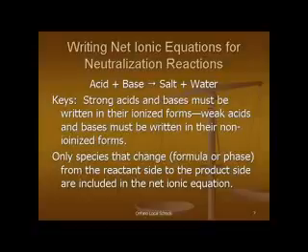So as their formula unit or molecular formula, that is what would be included. Only the species that change, either in formula or phase, from the reactant side to the product side are included in the net ionic equation. And those are the two keys. So we're going to do a sample problem together and you'll see how this works.